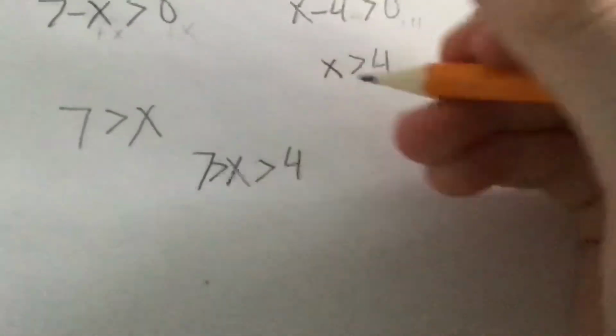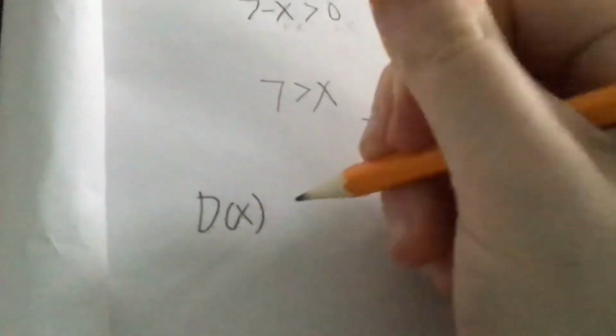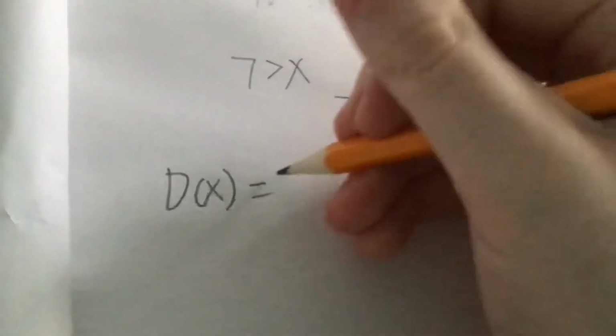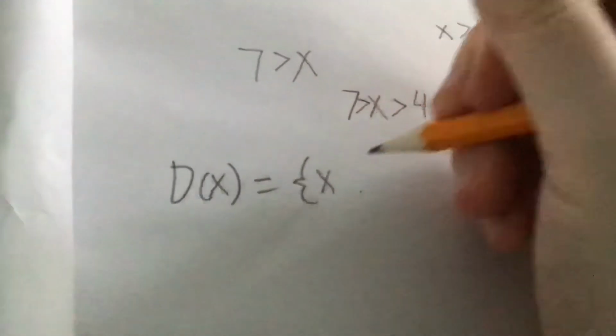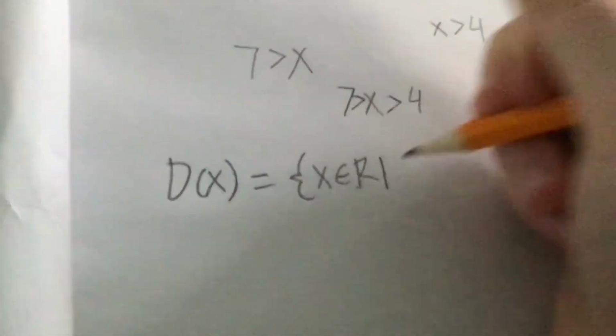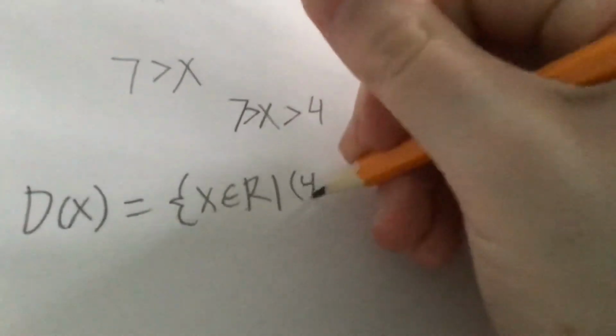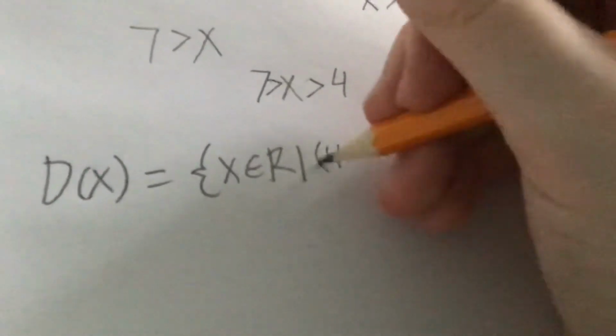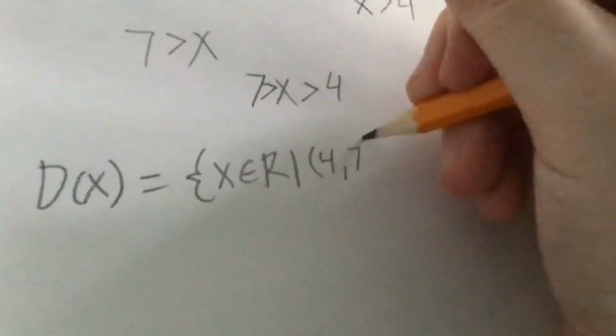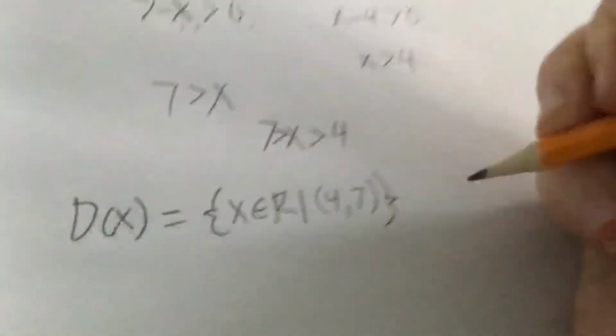So there we have our interval between 7 and 4. And the way this is written is set of real numbers where x is from 4 to 7. And we're done.